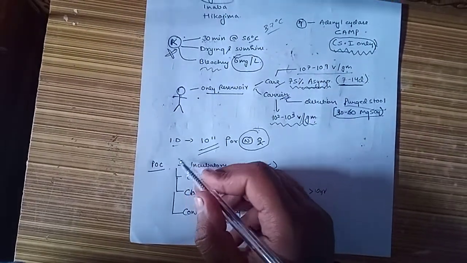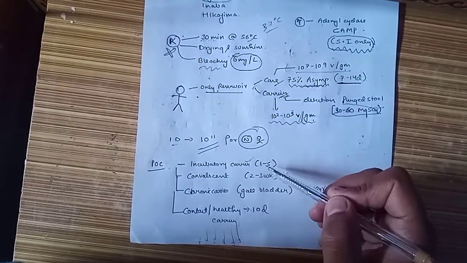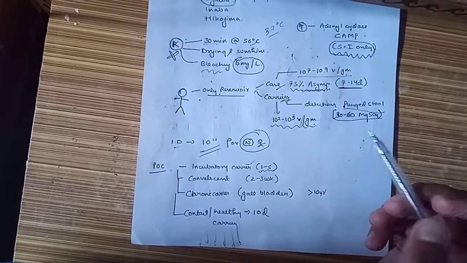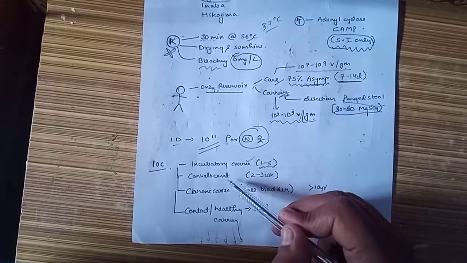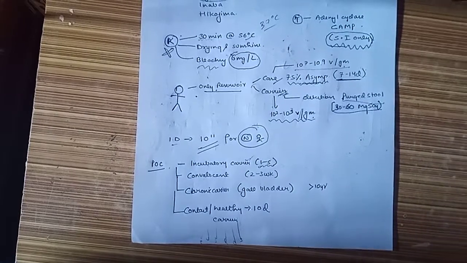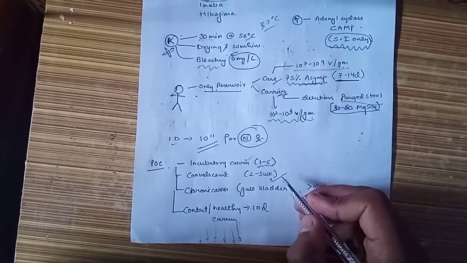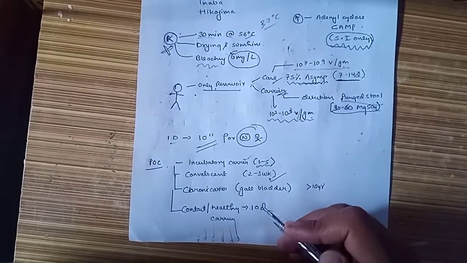Period of communicability differs on the type of carrier. Now incubatory carrier sheds the organism for 1 to 5 days, since the incubation period ranges to 5 days. Now convalescent carriers are those who after the treatment secrete the bacteria for 2 to 3 weeks. Okay, these are a result of inadequate antibiotic therapy.